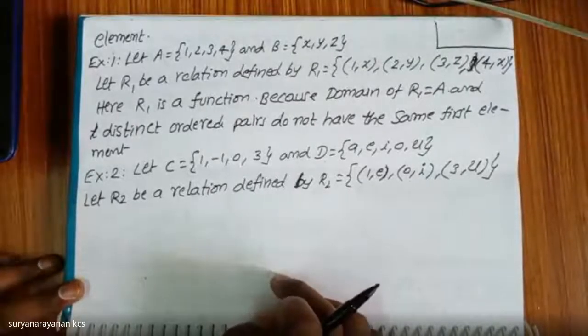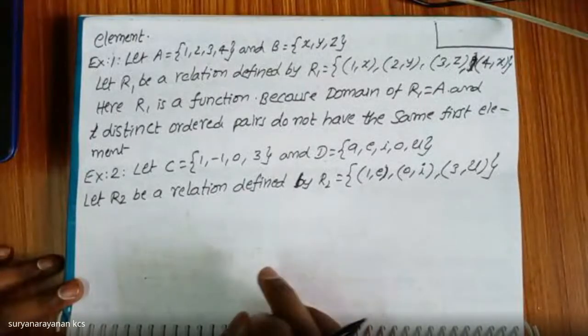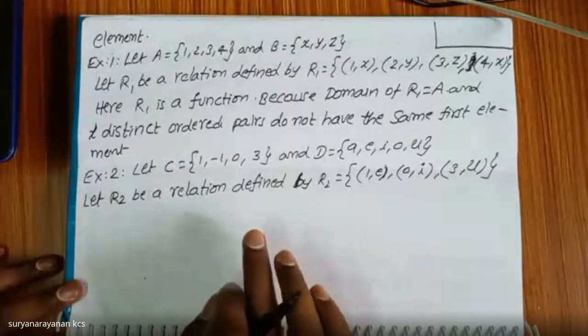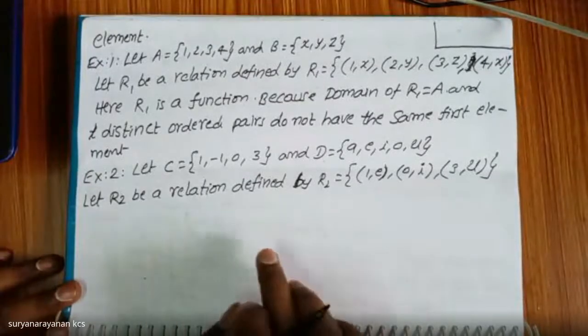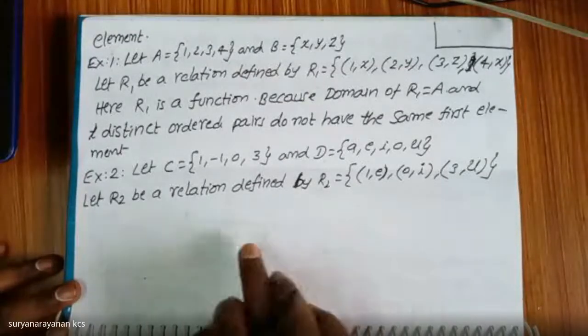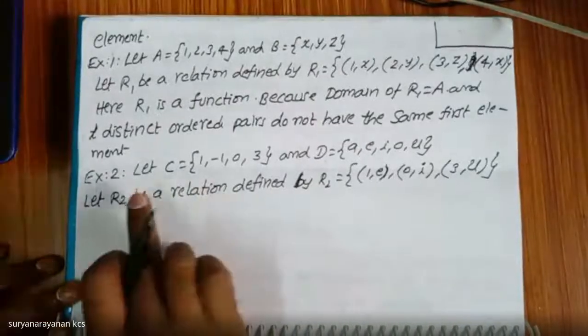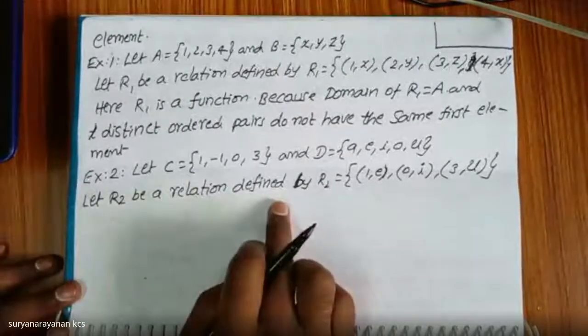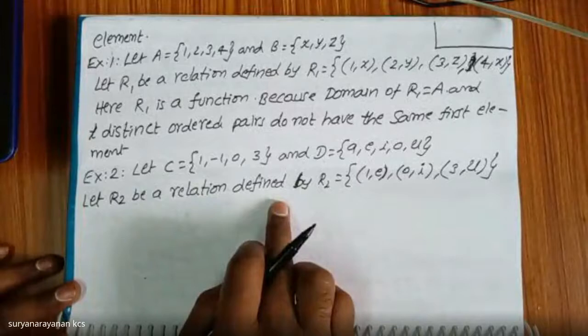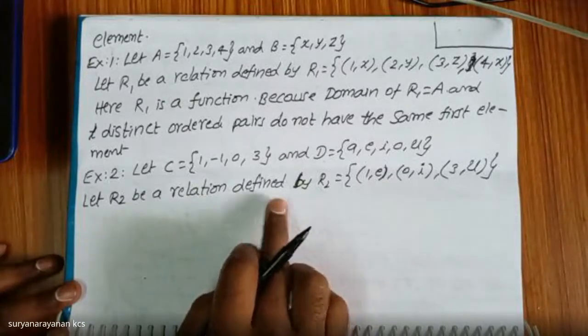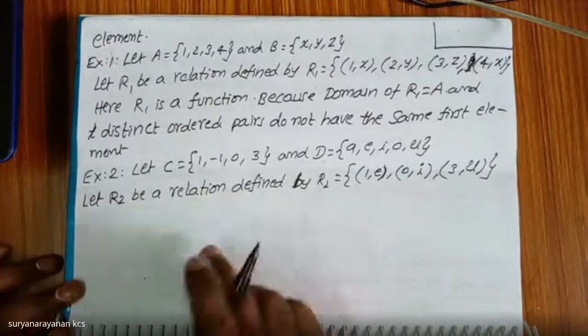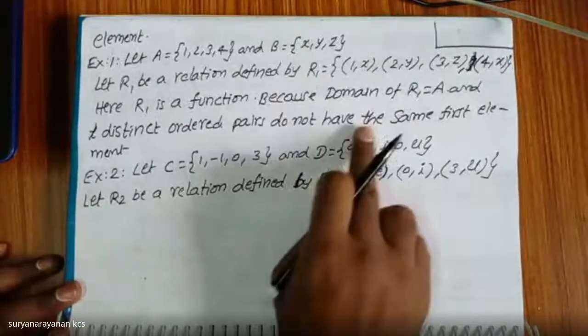Yes, but here you should not use this sentence, "one is not connected," because we have not shown this relation through an arrow diagram. What is the condition here?